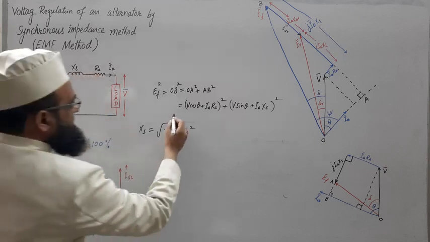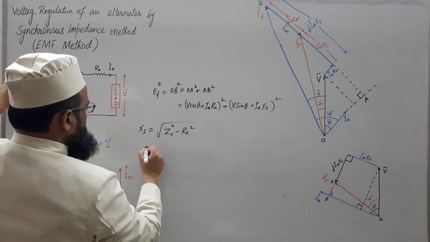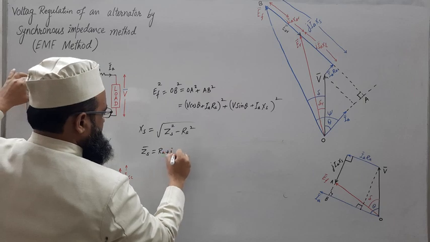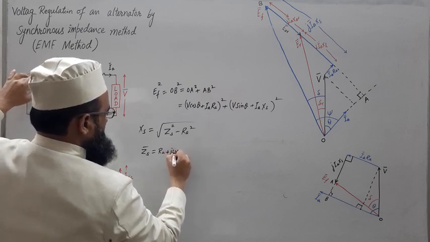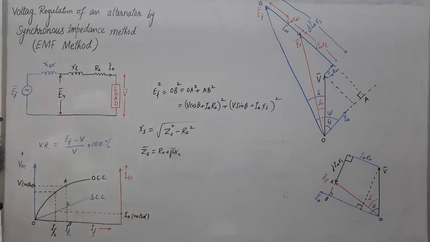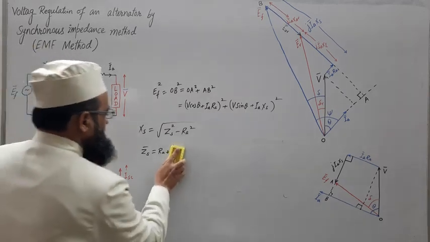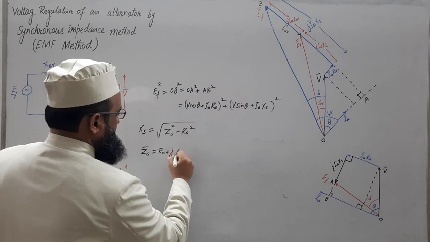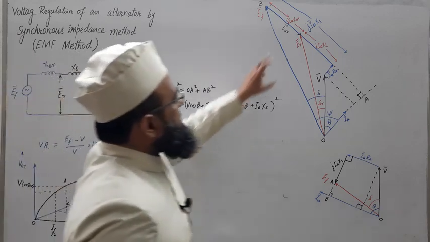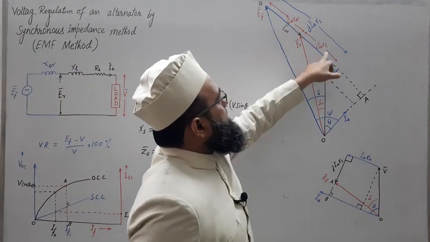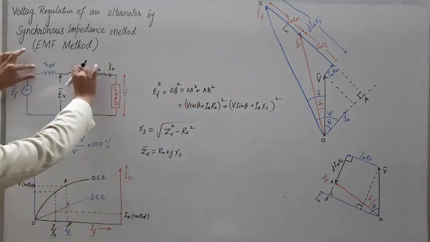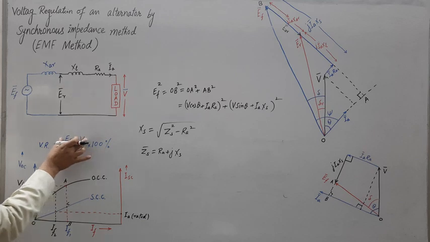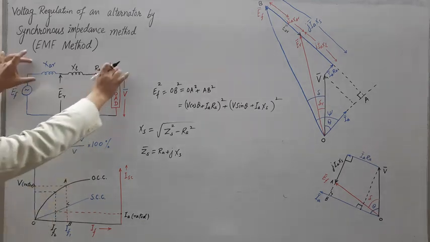ZS is nothing but RA plus jXS, and XS is nothing but XAR plus XL, the sum of these two lengths. So this drop is corresponding to this drop.